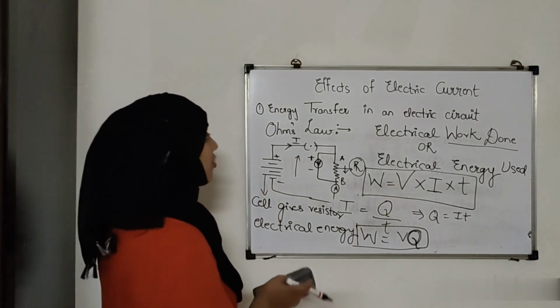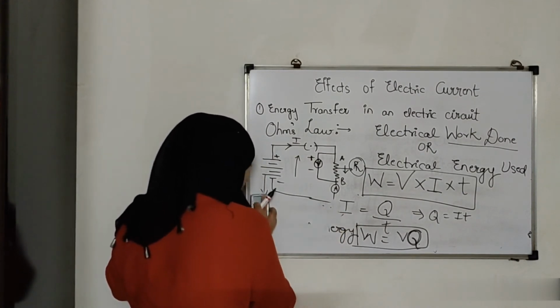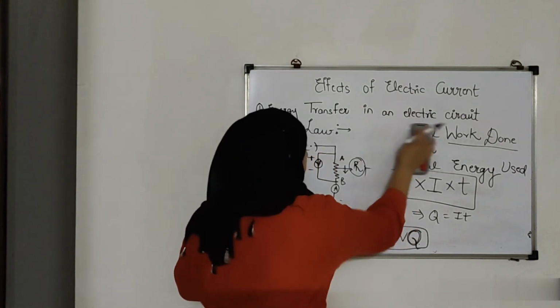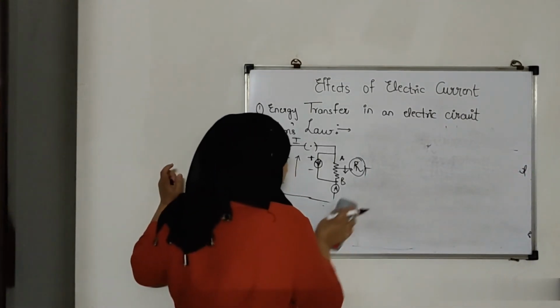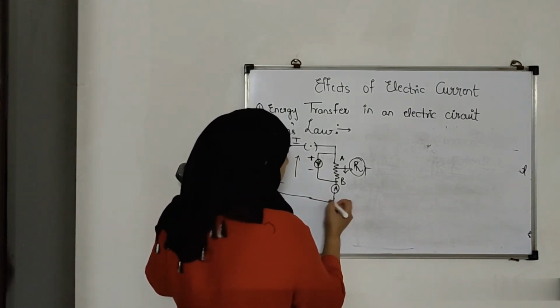Now next is electric power. How do we define the word electric power? It's a very simple formula. We are going to use the electrical energy and derive that formula.